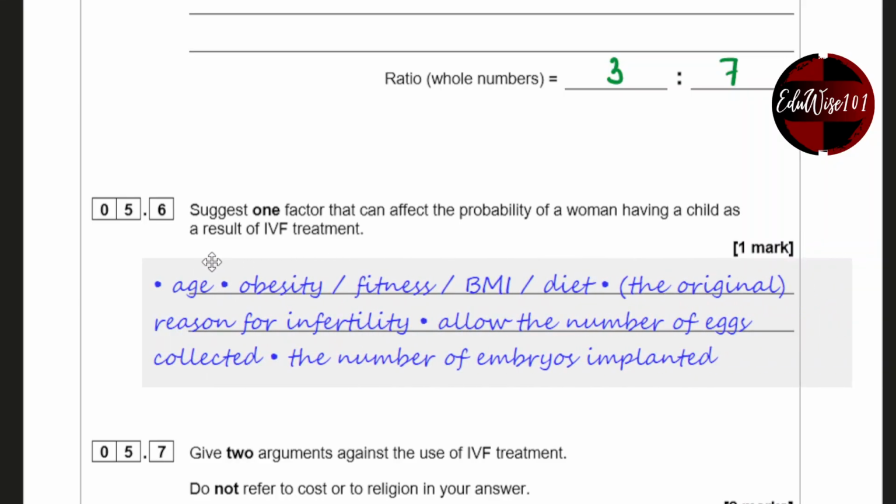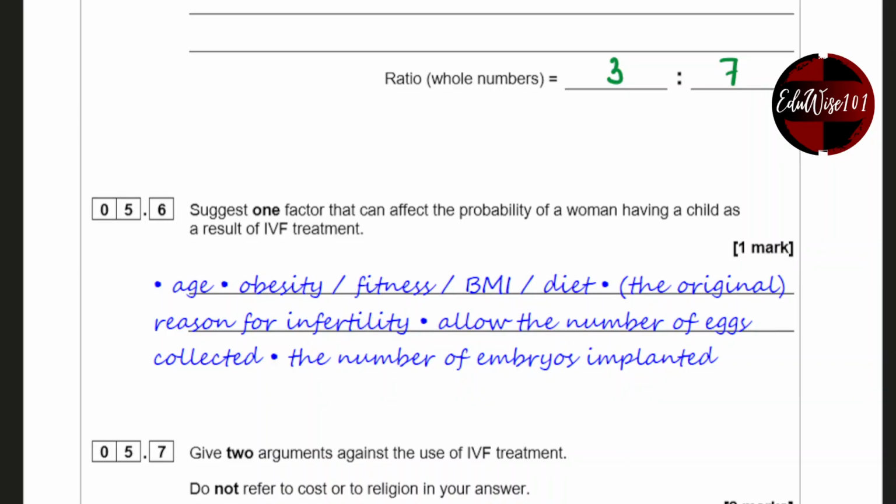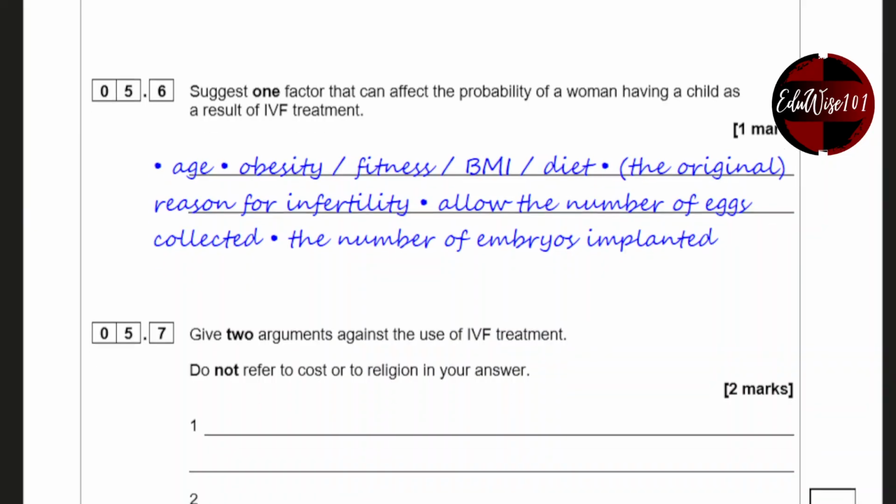So, age, obesity, fitness, diet, maybe the original reason for infertility, cancer maybe in the ovaries, the number of eggs that are collected or the number of embryos that are implanted, all of this affects the probability of a woman having a child as a result of IVF treatment.